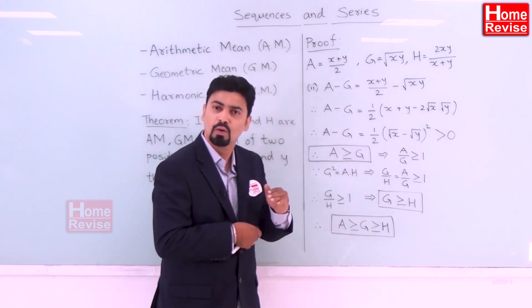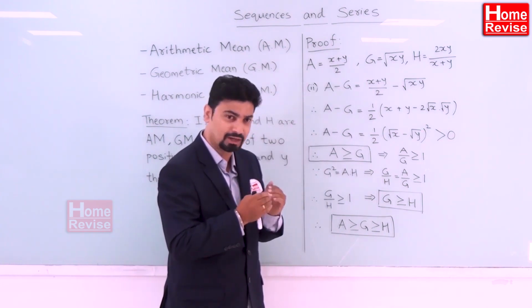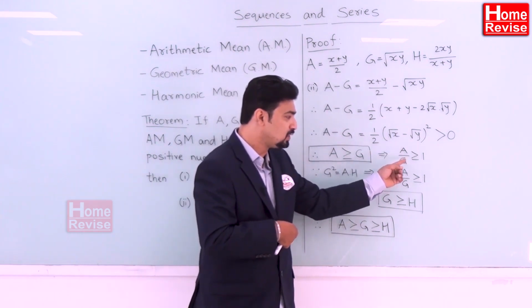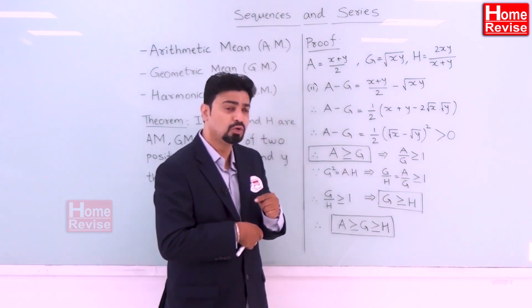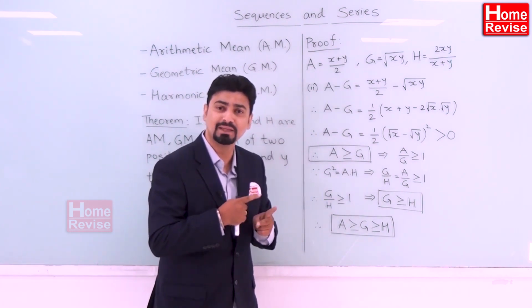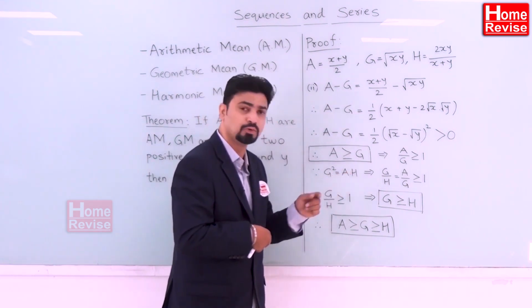Moving ahead. Now from this, first I will derive a new equation or relation. This g, if I take in the denominator, I can write a upon g is greater than or equal to 1. Now we already know that the relation between geometric mean g, arithmetic mean a, and harmonic mean h is nothing but g square is equal to a into h.